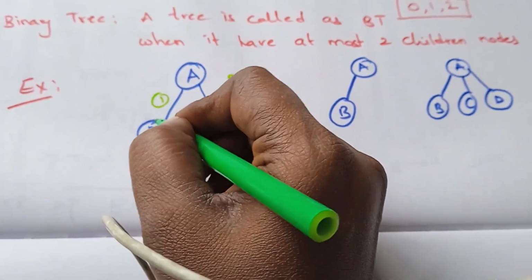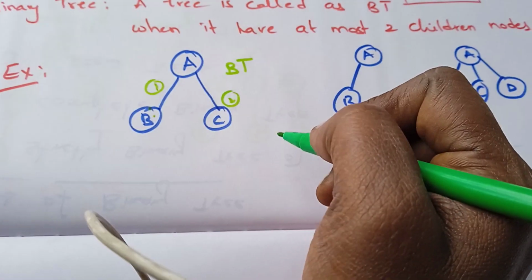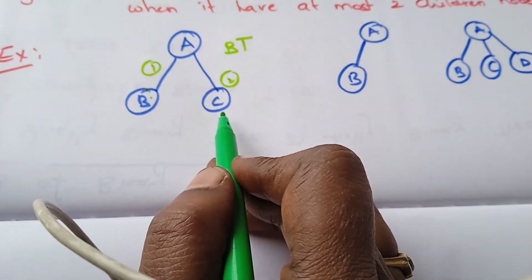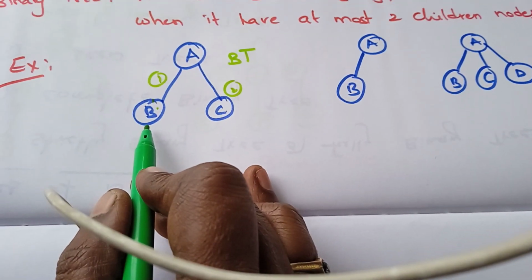B is one child, C is the other. B and C are again nodes.